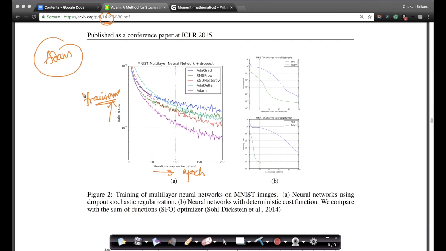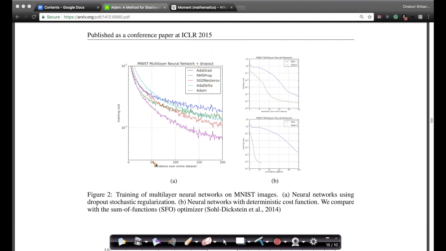If you notice, this purple line corresponds to Adam. Remember, this is 0, this is 10 power minus 2, this is 10 power minus 1, and this is on MNIST data with a dropout layer.